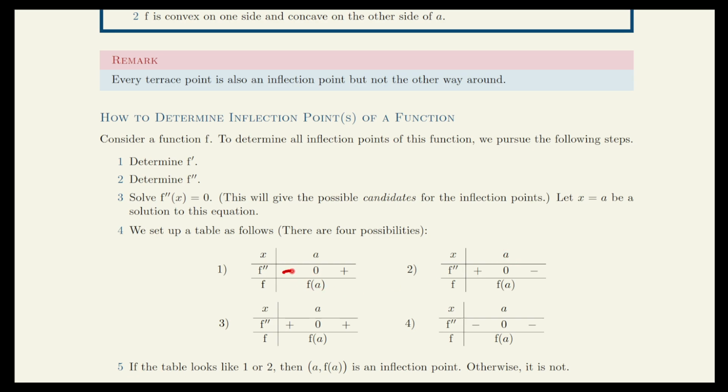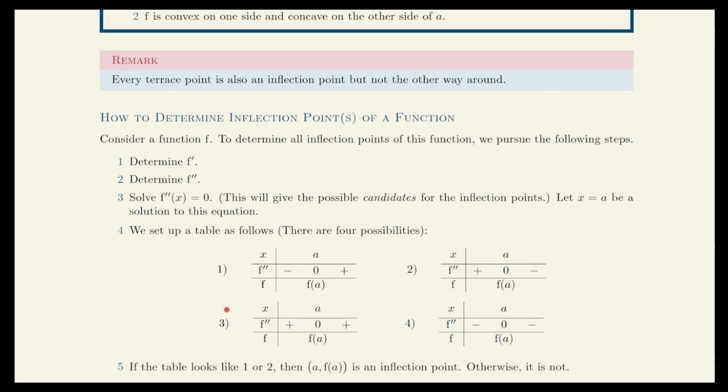Why? Here, the second derivative is negative, so this means that my function is concave down. And here, the second derivative is positive. It means that everywhere here, the function is concave up. And it means that in passage of this line, the concavity of the function has changed. So this means that this is the inflection point. The same explanation holds for number 2.